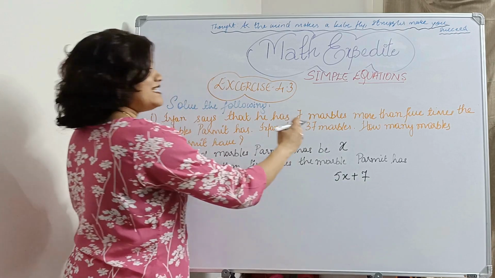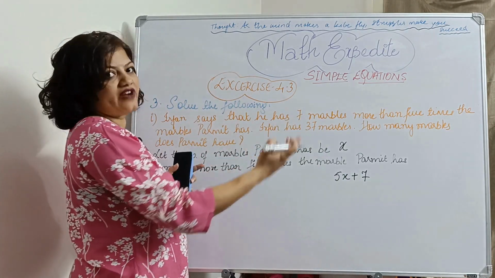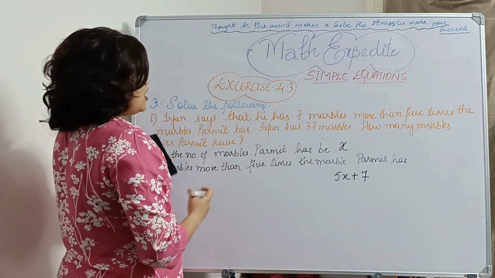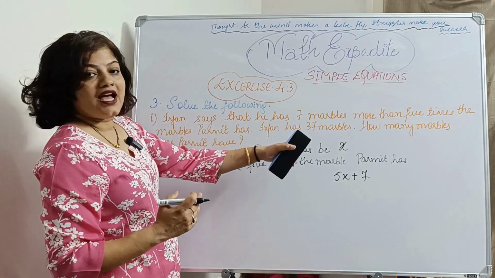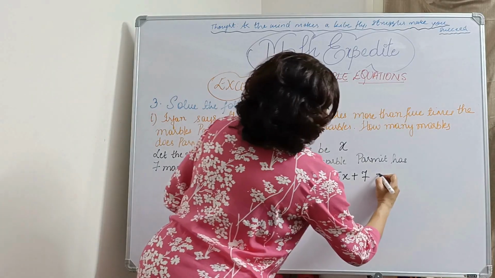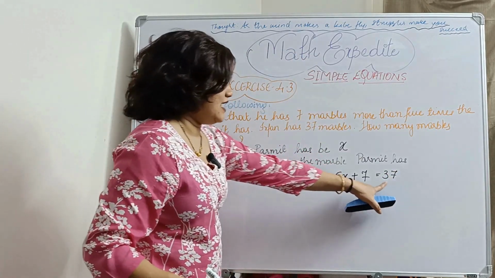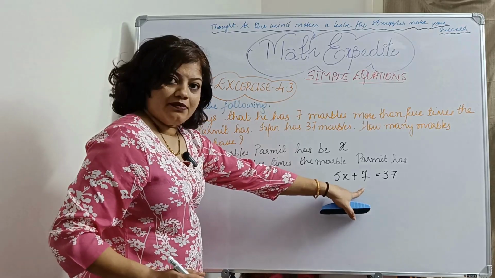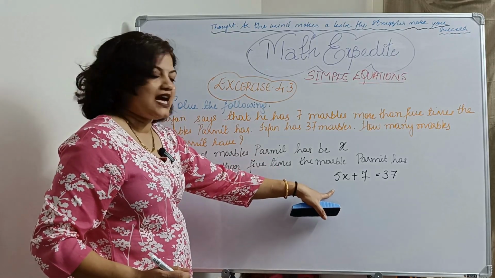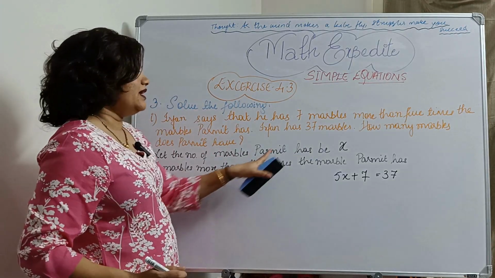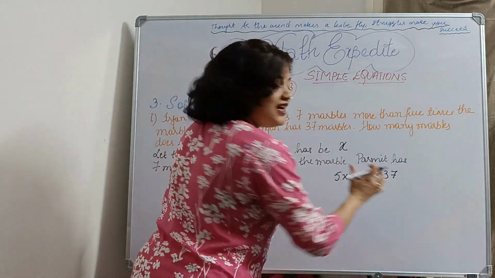Why? They are telling 7 marbles more than 5 times. How many marbles does Irfan have? 37. So Irfan has 7 marbles more than 5 times the marbles Permit has. So this is the equation.